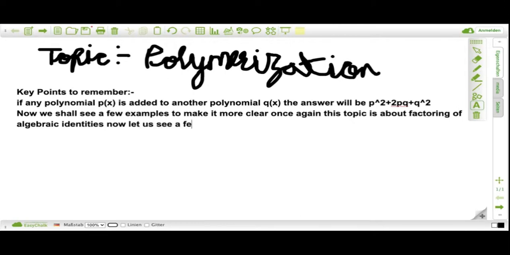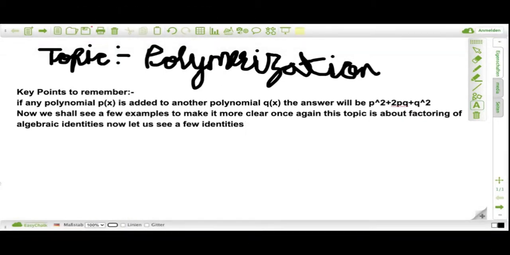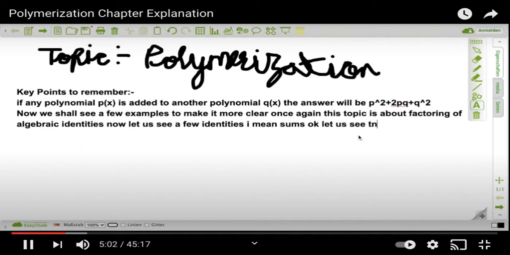Now let us see a few identities. I mean, sums.